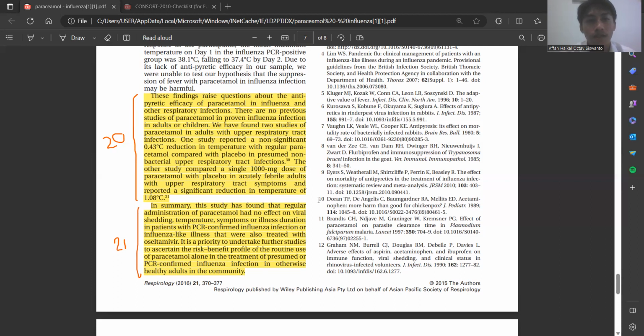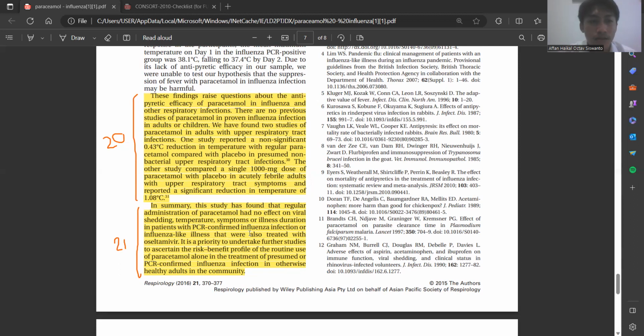We have found two studies of paracetamol in adults with upper respiratory tract infections. One study reported a non-significant 0.43 degrees Celsius reduction in temperature with regular paracetamol compared with placebo in presumed non-bacterial upper respiratory tract infections.